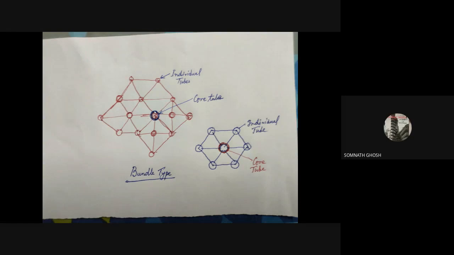That means, as I was discussing while showing you the photographs, in this kind of system, a particular portion may be taken up to a particular level, another portion may be taken to a higher level, but the core will be taken up to the highest level. So these are the things we will discuss in detail. Don't worry.